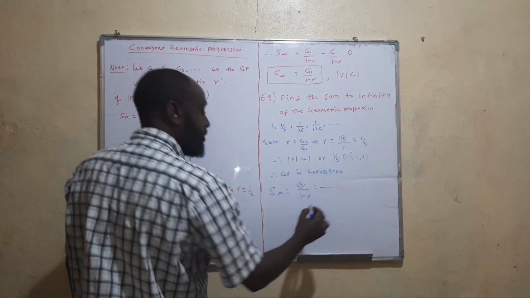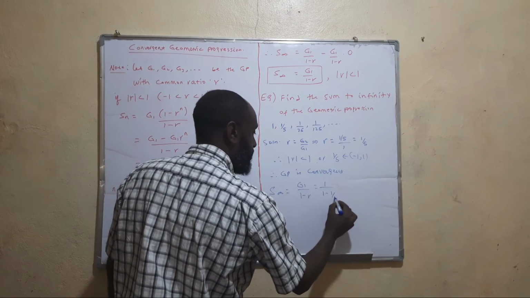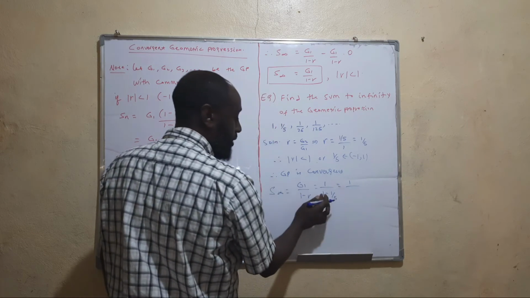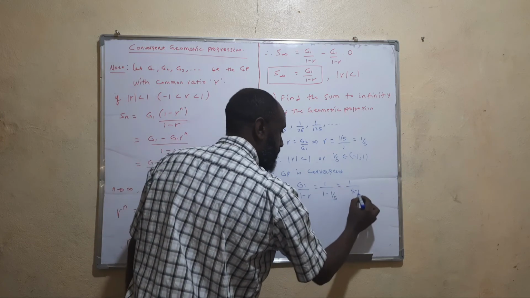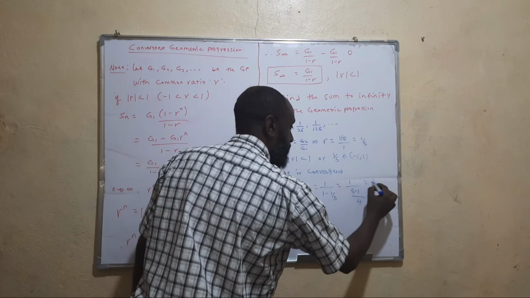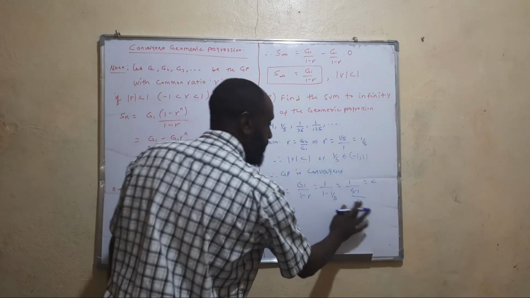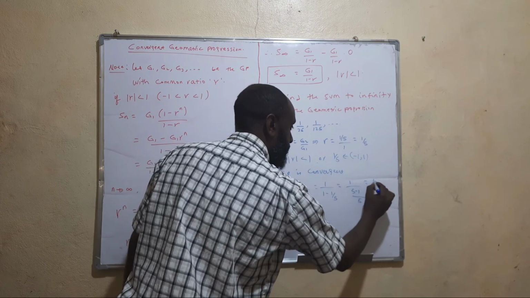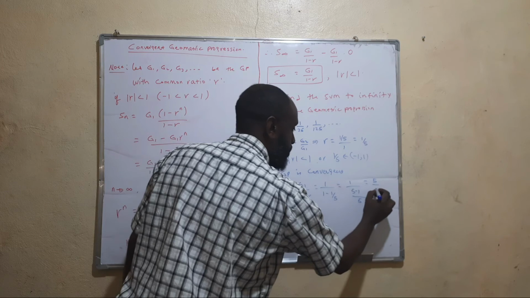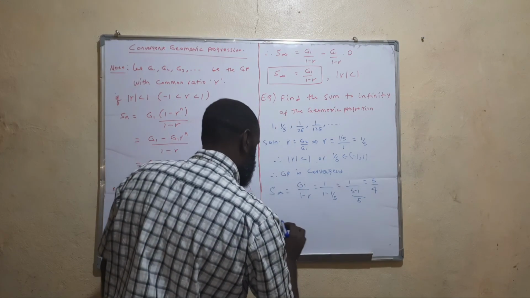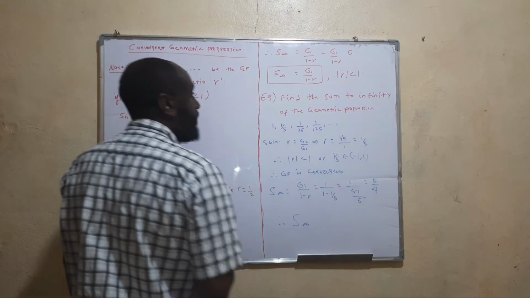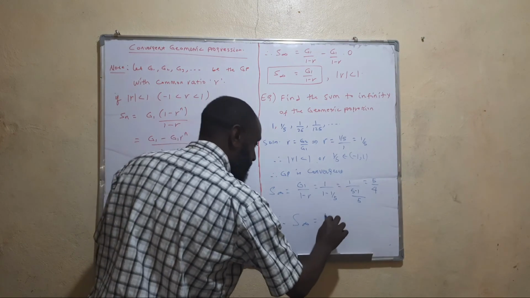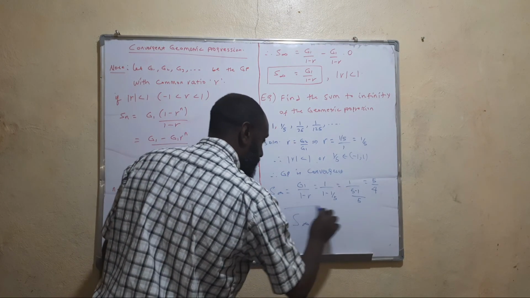The common ratio is 1 over 5, so this is 1 over (1 minus 1 over 5). This is 1 over (5 minus 1)/5, which is 5 over 5 minus 1, which is 4. Hence, the infinite sum is nothing but 5 over 4.